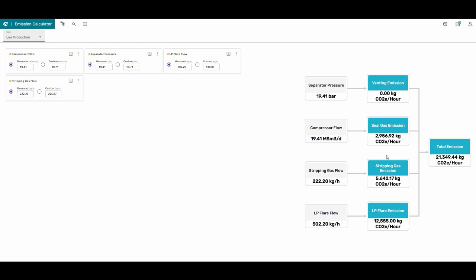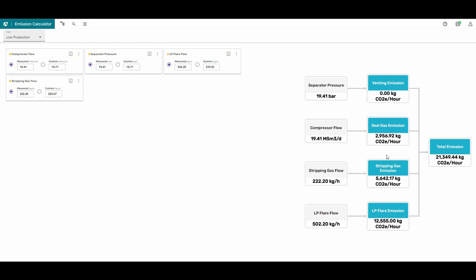So if I switch from 3 to 2 export compressors, what happens with my emissions? Or if I lower the pressure in this part of the facility, how will that affect the relevant emission sources along those systems or subsystems that are affected by that, and see those types of things very efficiently.